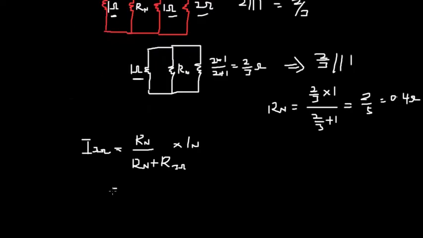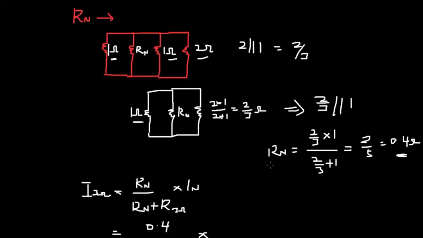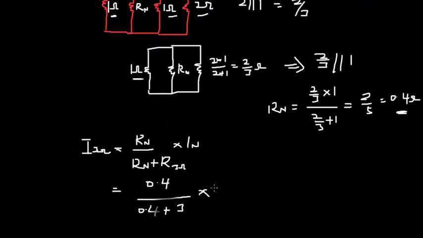So RN is 0.4, divided by 0.4, and per the formula you add that to 3 ohm, and then you multiply by IN. IN was 2 amps, so we multiply by 2.